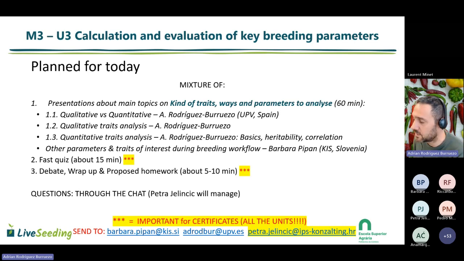As always, two important things: the fast quiz and the proposed homework must be done if you want to get certificates of attendance.